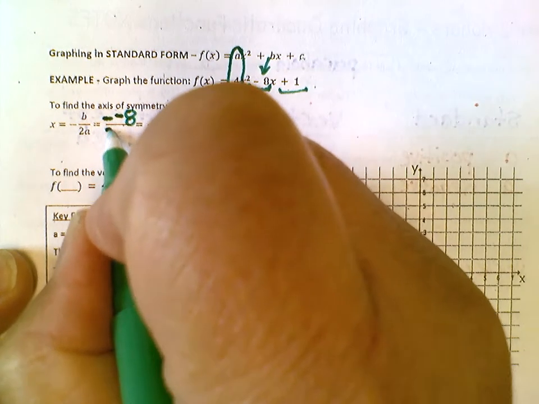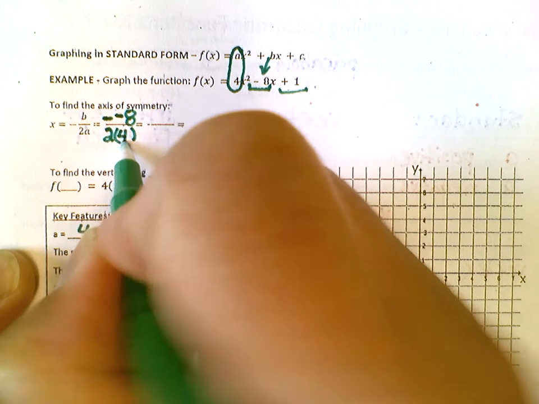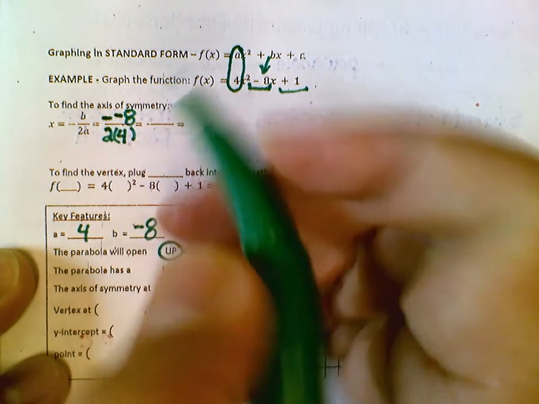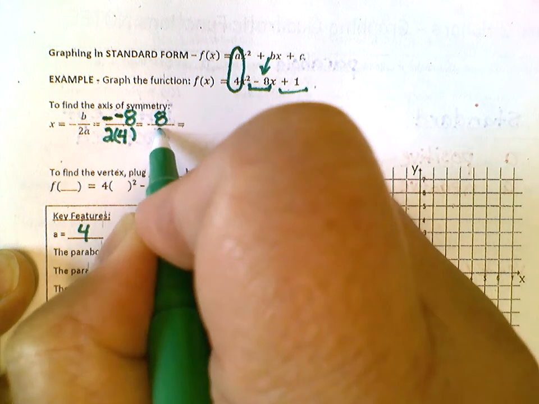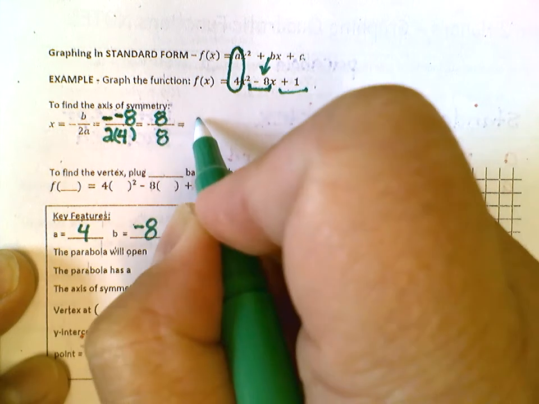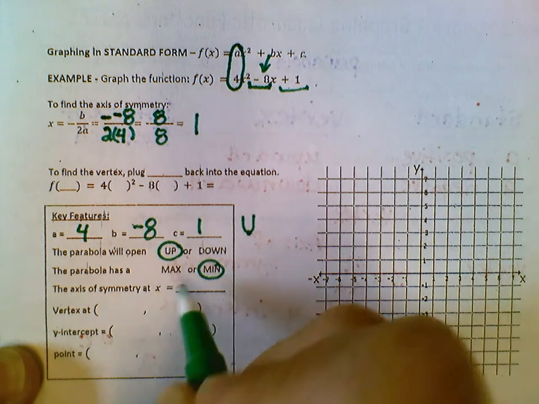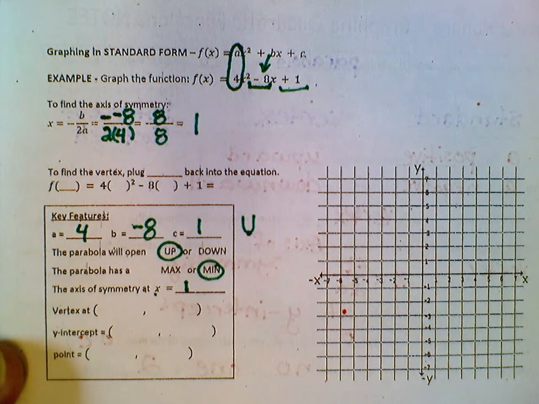And then it's divided by 2 times a, and my a is 4. So we have a negative, which turns into a +8, divided by 2 times 4, which is 8, and 8 divided by 8 is 1. So my axis of symmetry is x equals 1. Don't forget the x equals.